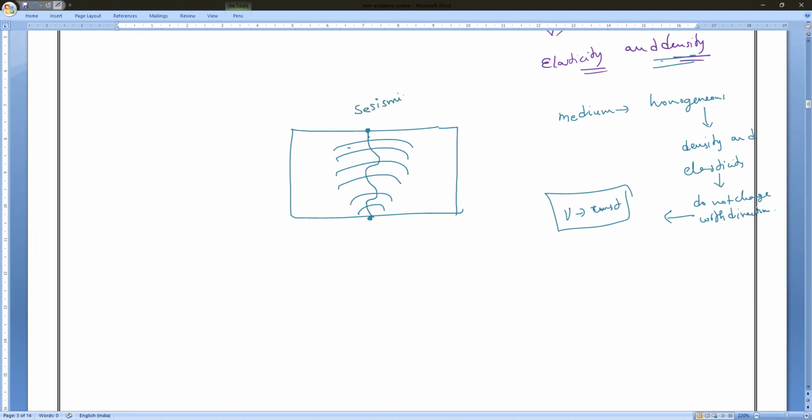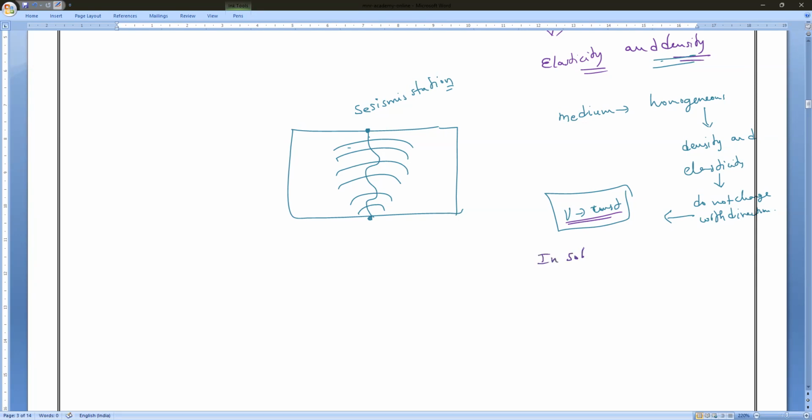This is the seismic station. Which wave will reach us first, longitudinal wave or transverse wave? Longitudinal wave. Do you understand, everybody? The longitudinal waves will be detected first because they travel faster than transverse waves.